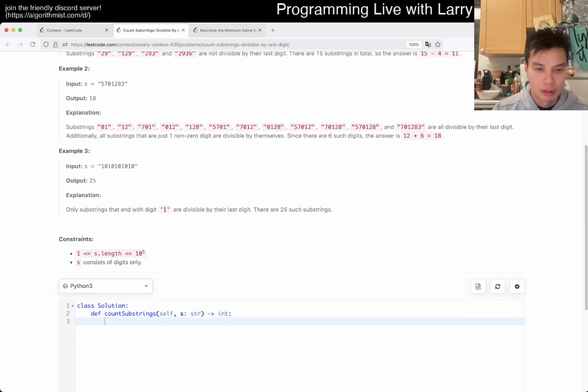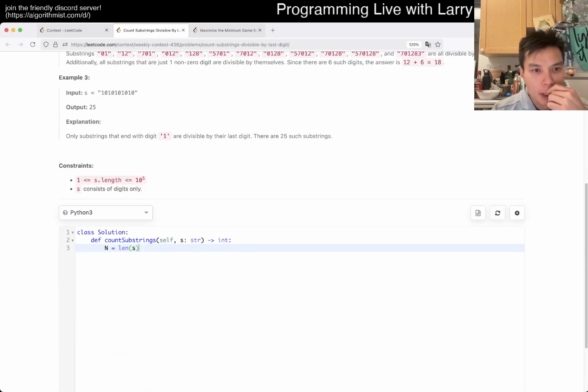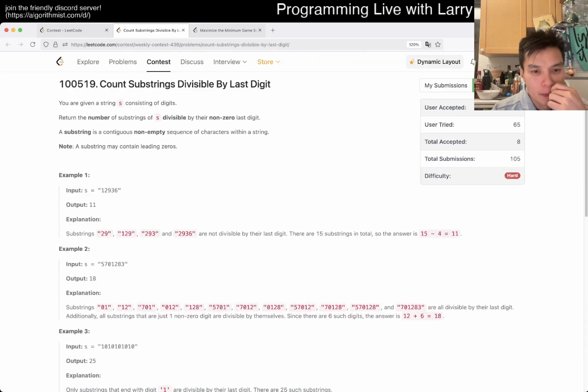Okay. I don't know how to do this one. Is it substring or sub, the n square? How do I want to do it?